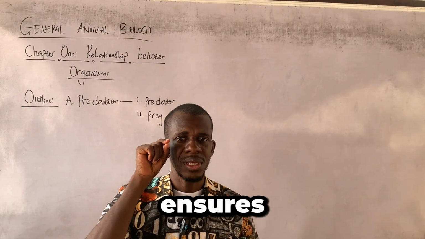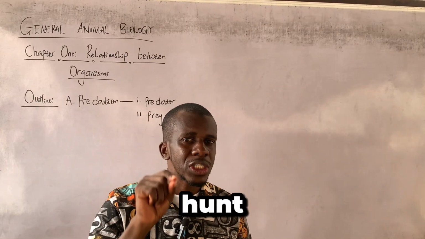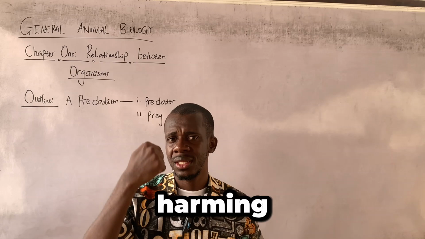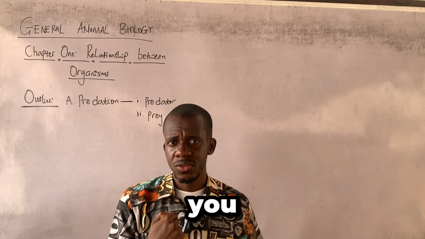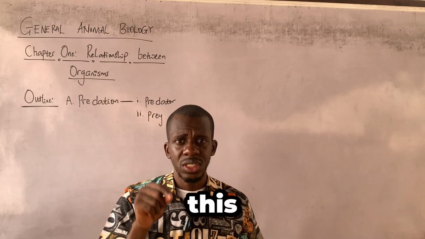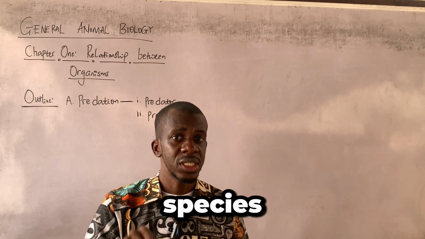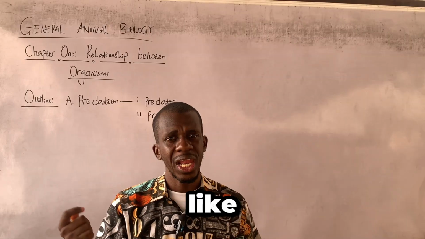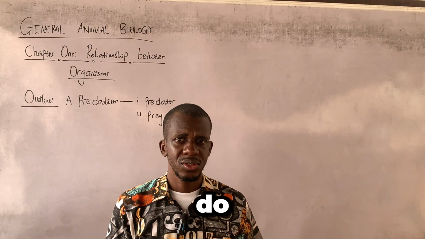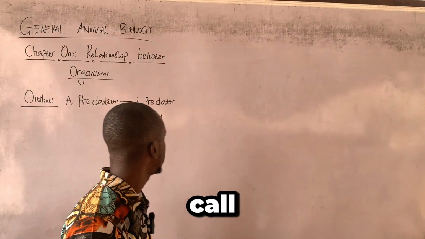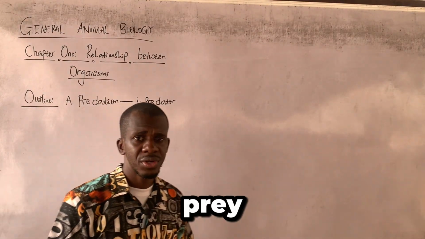So it ensures it doesn't hunt it or eat it because the predator will be harming itself. You see that now, all right? But unknown to the predator, this particular species is the harmless one, but because of mimicry, it looks like the harmful one. Do you get that? Excellent. All right, so that's what we call predator and prey relationship.